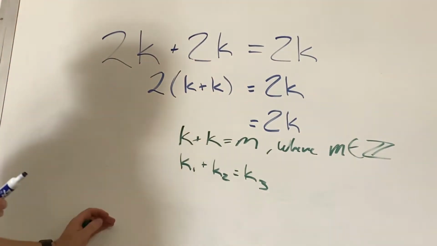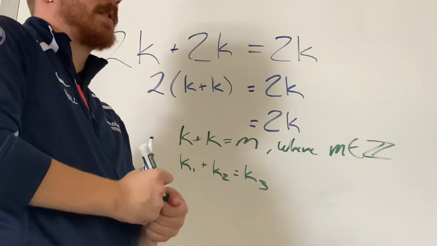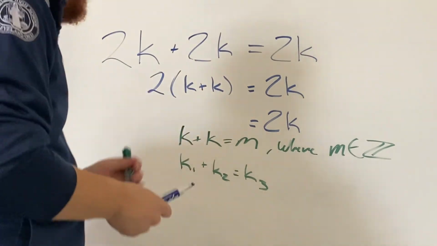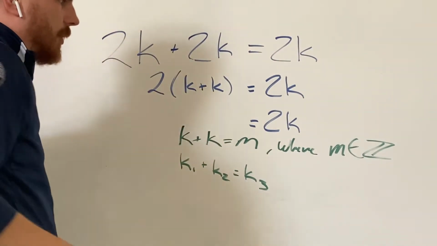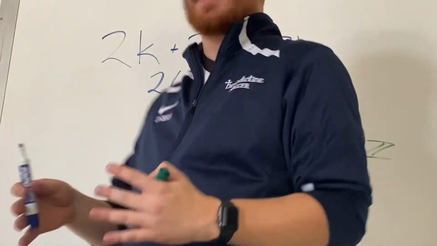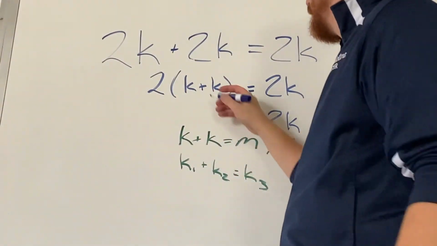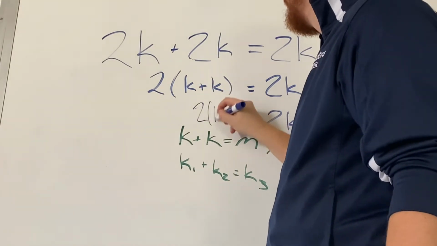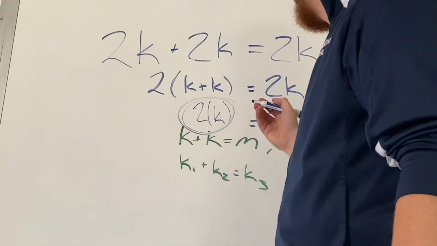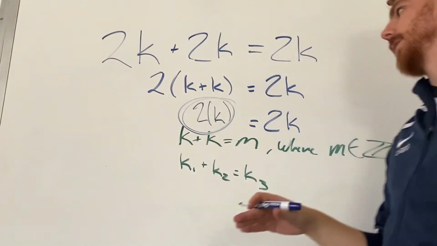So there's a ton of different ways to do it. It's basically just stating the same thing. If we have an integer plus an integer and an integer times an integer, it's still going to be an integer, so we can still basically boil it down to this 2k on the left side, and that's what we're trying to do in this case.